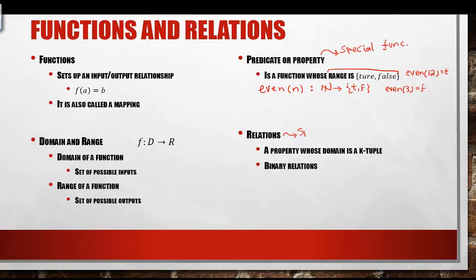Relations are special predicates: the predicates whose domain is a k-tuple, or whose domain comes from a cross product. So if you have a function from, let's say, A cross B cross C onto true false, then we call this a relation.